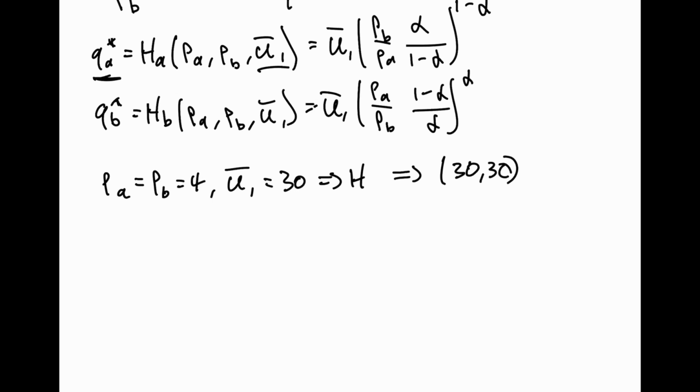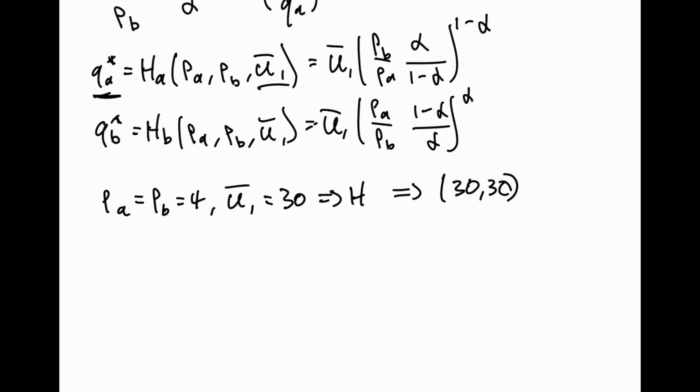And this is really just a calculator Wolfram Alpha type step. You just plug in the numbers and generate the results, because we already have the explicit forms. Okay.